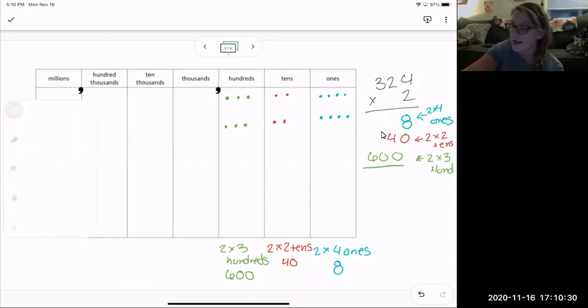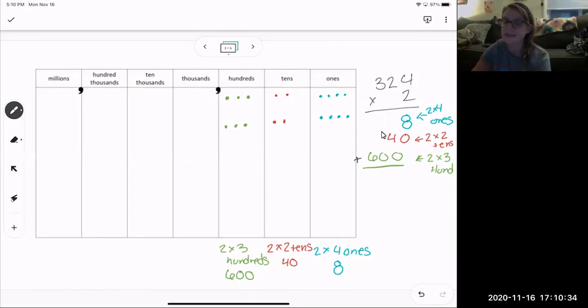Okay, we're going to go ahead and look at each piece of our place value chart. So we have 6 hundreds in our hundreds place, we have 4 10s in our tens place, and we have 8 ones in our ones place.